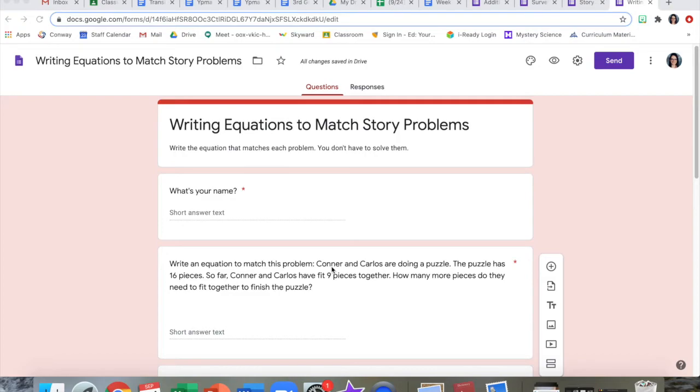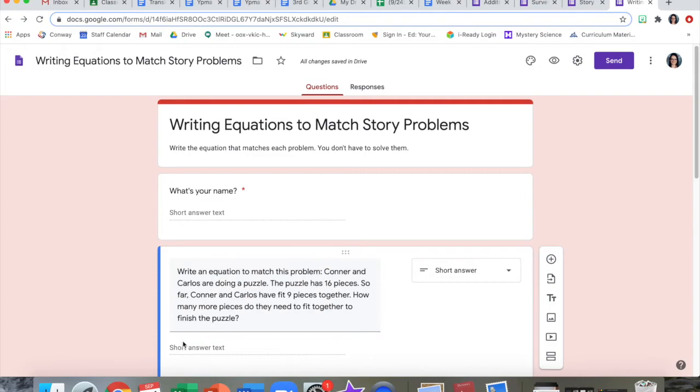So if I was going to write an equation for this, I could picture it two ways. The first way I could imagine it is that in the beginning, there is a pile of 16 pieces, and they subtracted 9 away and assembled the puzzle. They were taking them out of the pile, which means the mystery number would be at the end, the question mark.